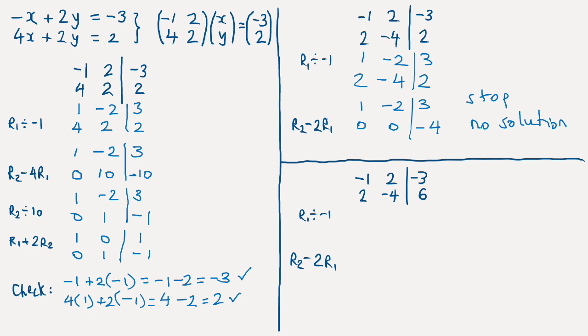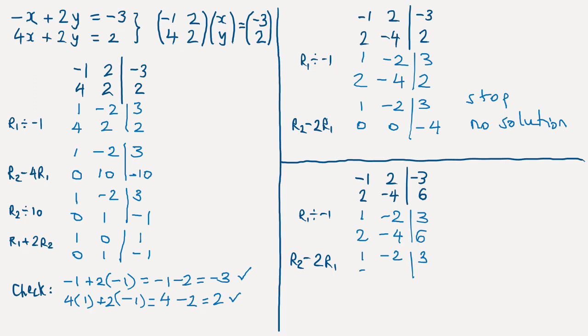So first step, just like in the other examples, we'll divide that first row by minus 1, and then I'll write the second row again, and then the second step, we'll write down the first row, and then the second row.